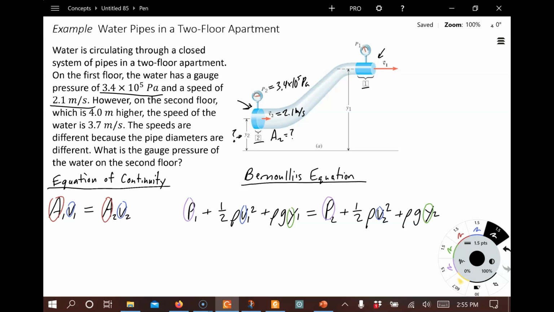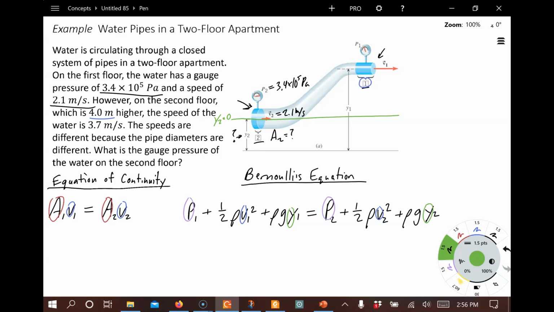Now, let's look at point 1. At point 1, we are up here, and we've got a height which is 4 meters greater. So if I want, I can call this position here, let's go ahead and make a little line right through, y2 equals 0 here.